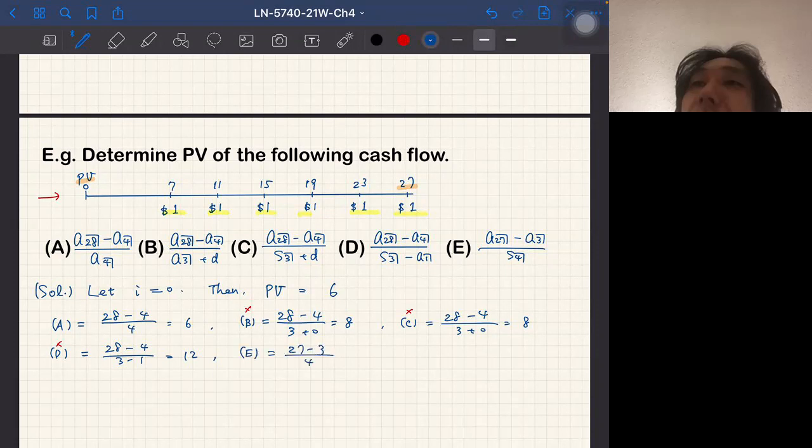If i equals 0, this is 27, 3, and 4, so this is 24 over 4, equal to 6. So only A or E is possible.